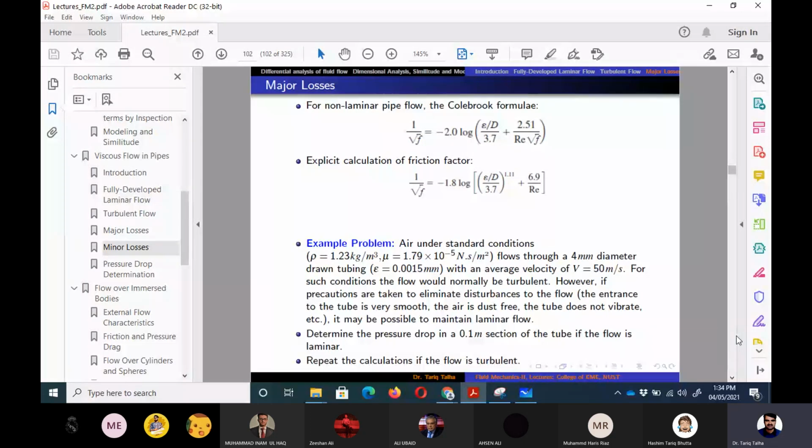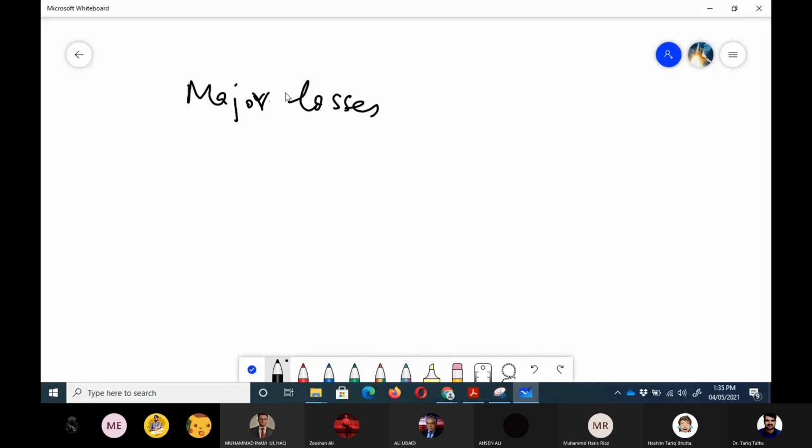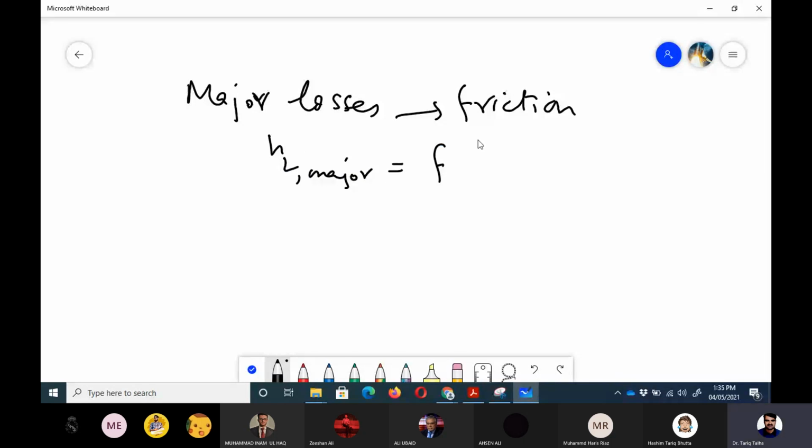So in today's lecture, because up till now we have covered major losses. So major losses are due to friction, and if we want to calculate HL major, that is equal to f into length divided by diameter, V square upon 2g.